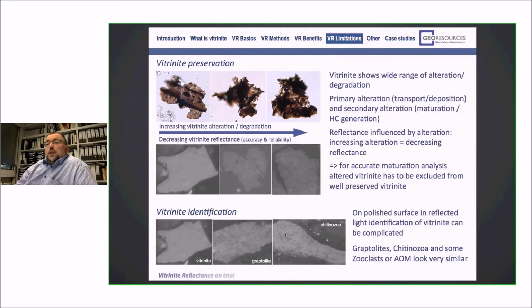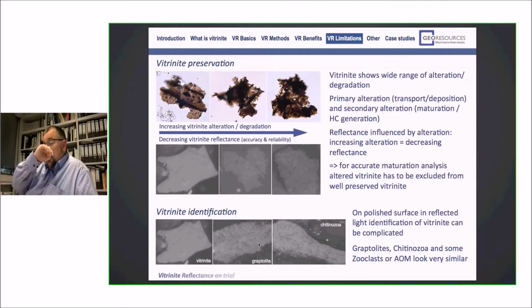The other point is the vitrinite identification, and this is not so easy as it might seem. So we have 3 different particles here. The left one, again, this wonderful vitrinite particle. Then we have something which in a way looks similar to types of vitrinite particles that I showed you on this third slide in the very beginning, but is in fact a particle of graptolite, something completely different.